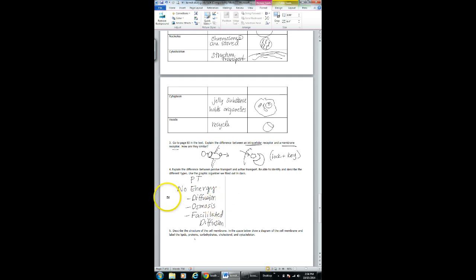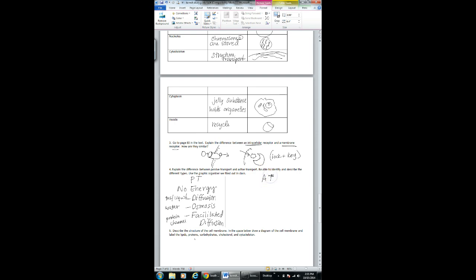Diffusion is dealing with gas or liquid, where osmosis is dealing with water movement in and out of the cell. And then facilitated diffusion uses a protein channel, but none of them require energy.